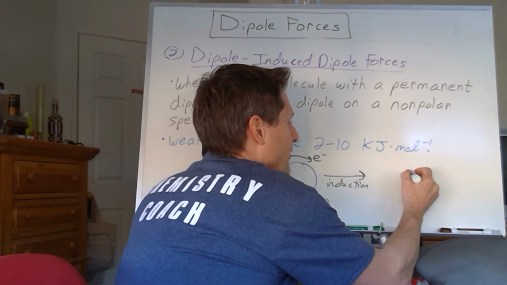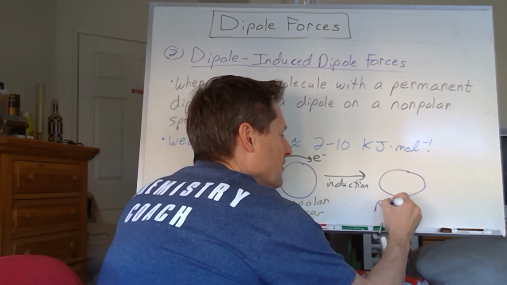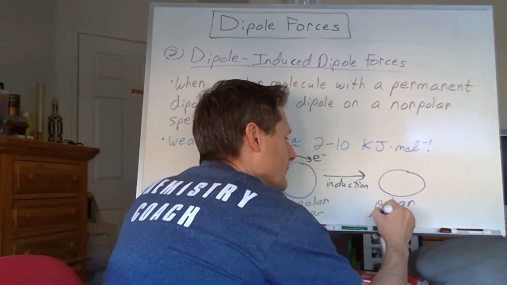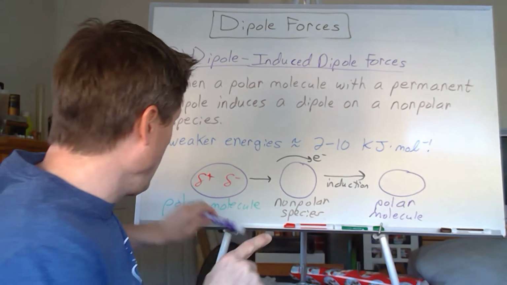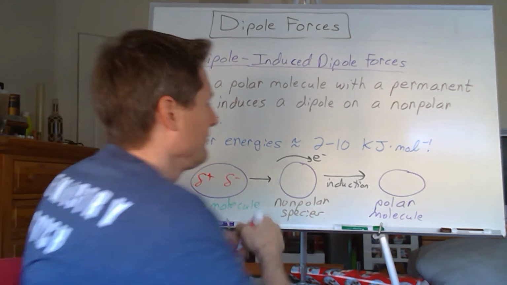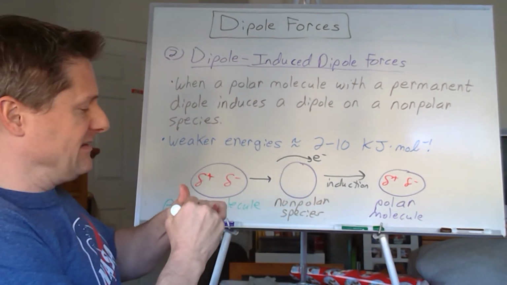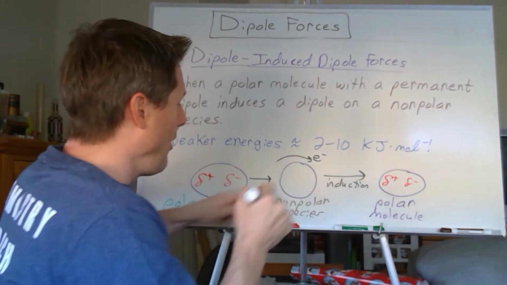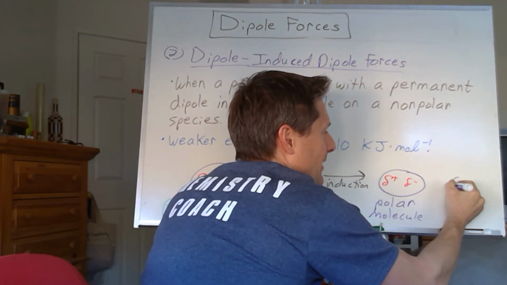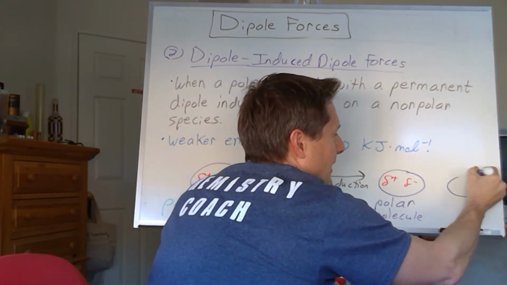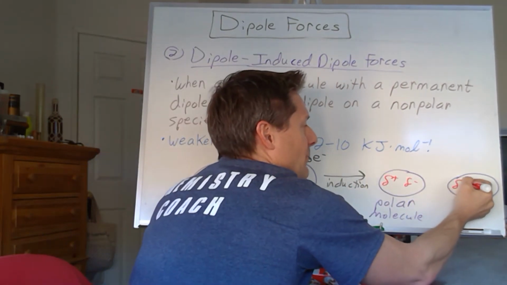So now you've got the polar species. Right? So here's our polar species with a permanent dipole. That has a permanent dipole, right? But we just distorted the cloud on this nonpolar species, and we're pushing electrons to the other side. And that induces a dipole.